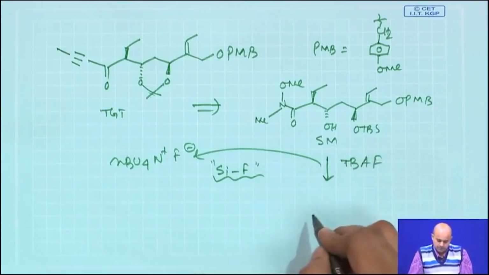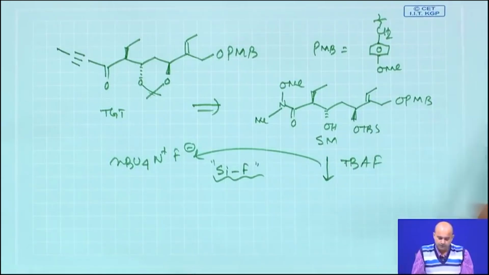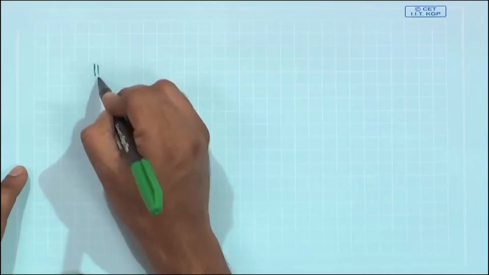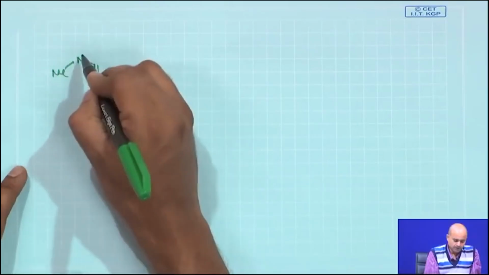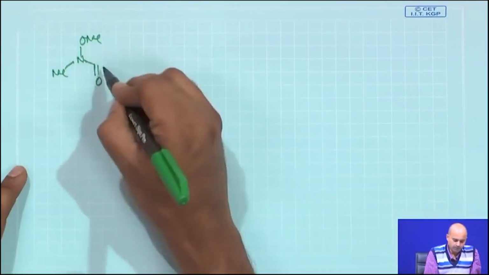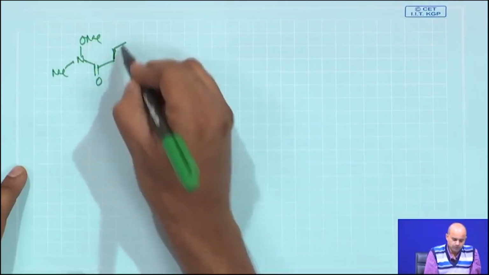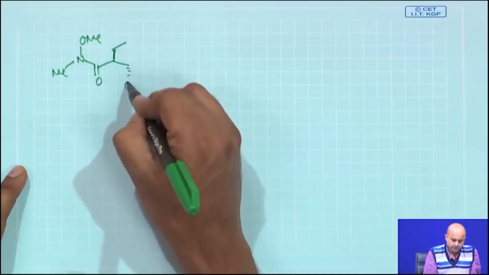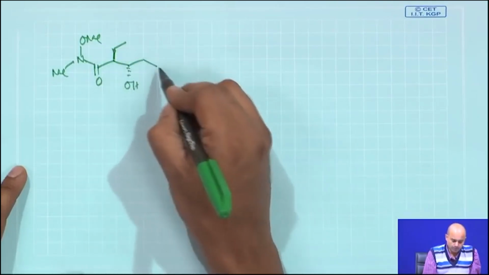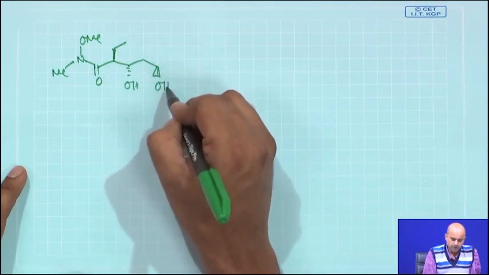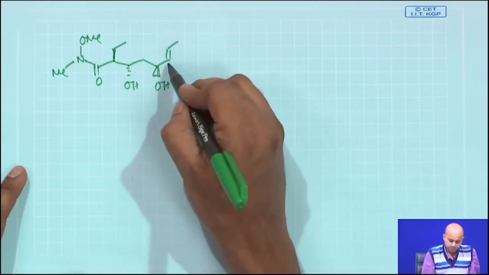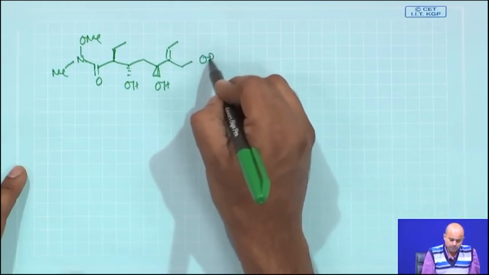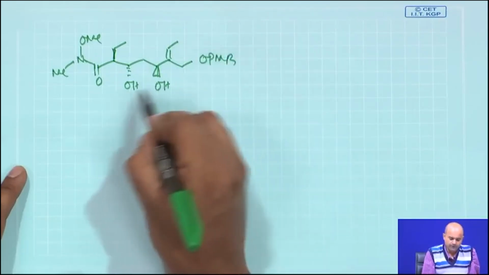First you treat with TBAF, and you will find that the silyl ether will be immediately deprotected and will give you the free alcohol. The remaining portion of the molecule won't be affected. So, you are basically getting a free 1,3-diol.